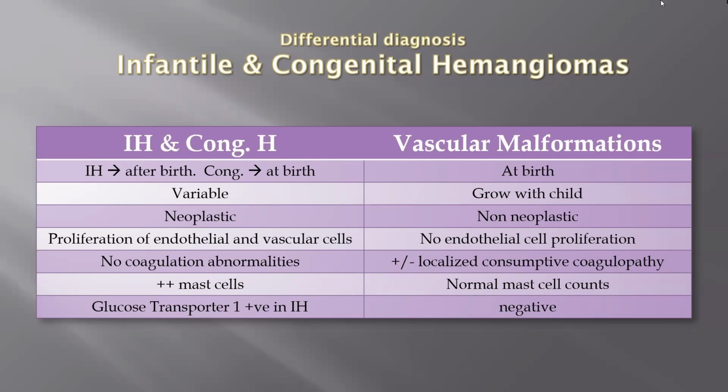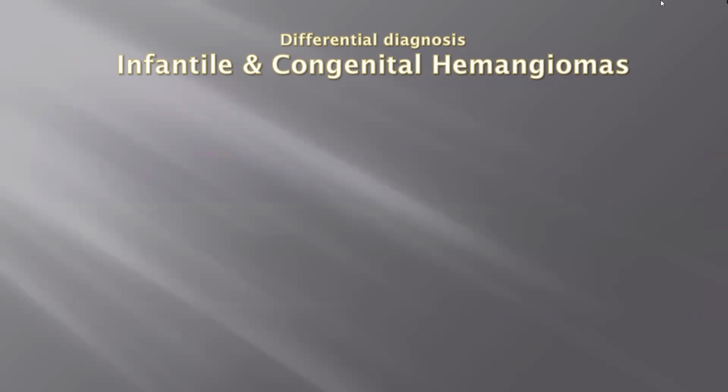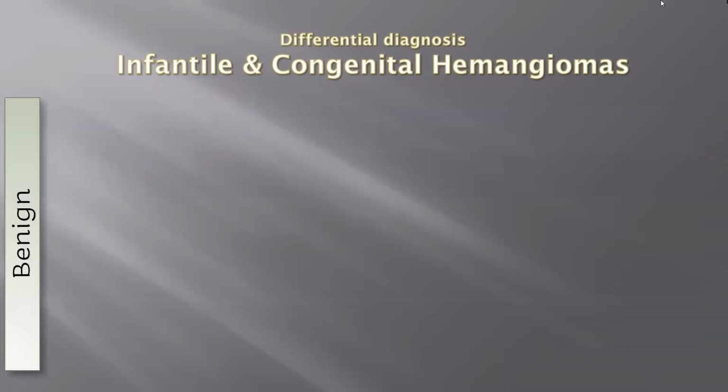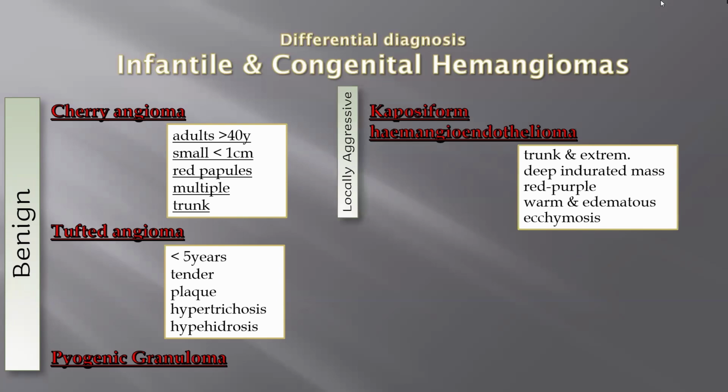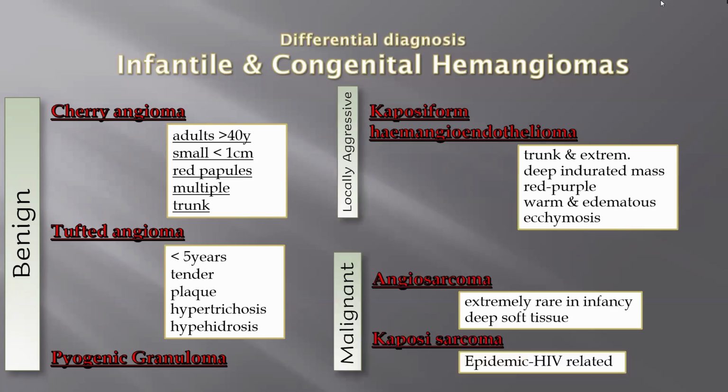Also, the glucose transporter 1 protein is positive in infantile hemangiomas, but negative in vascular malformations as well as congenital hemangiomas. Infantile and congenital hemangiomas should also be differentiated from other vascular tumors, whether benign like tufted angiomas, or locally aggressive like kaposiform hemangioendothelioma, or even rarely early malignant vascular tumors including angiosarcoma and Kaposi sarcoma.